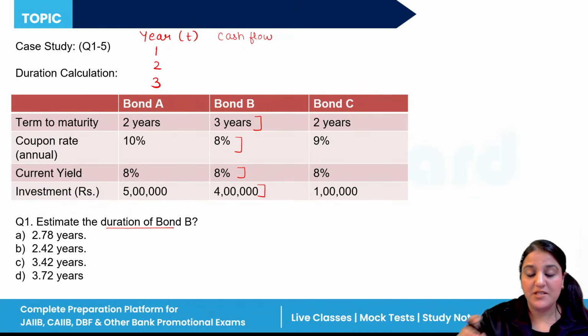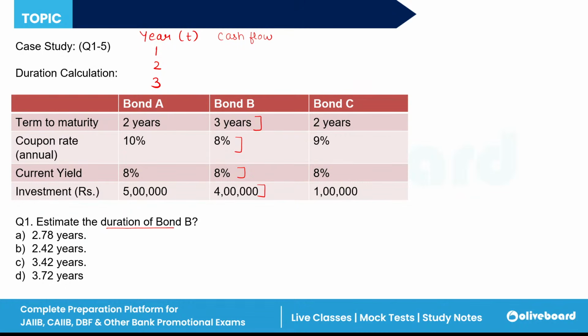Here the investment is rupees 4 lakh, and the coupon rate is 8%. So the interest coupon, we have to calculate 8% of 4 lakh, which equals 32,000. And the same for the second year, because coupon payments are fixed every year.